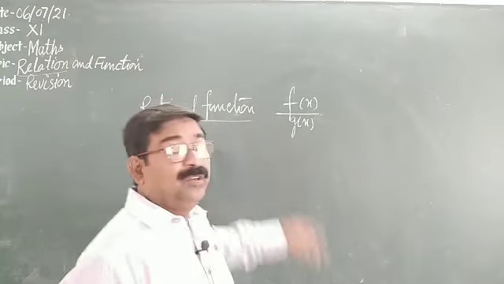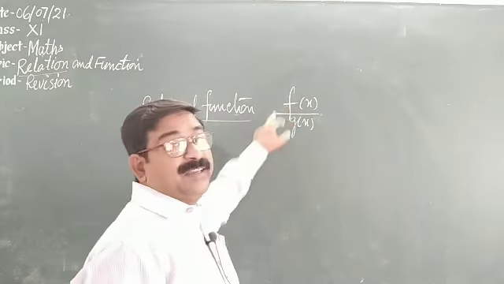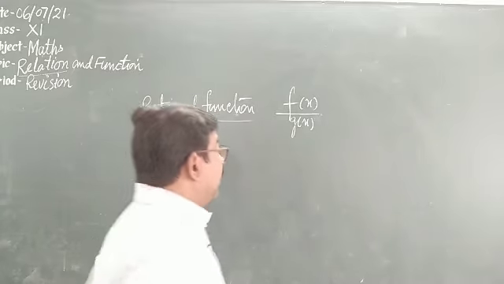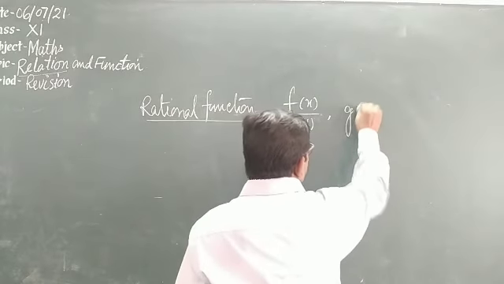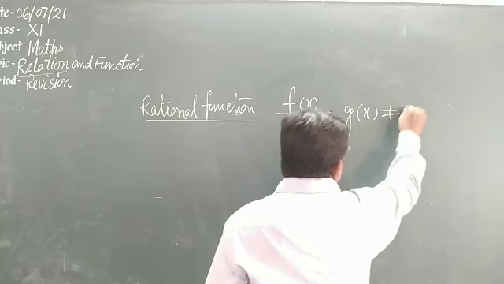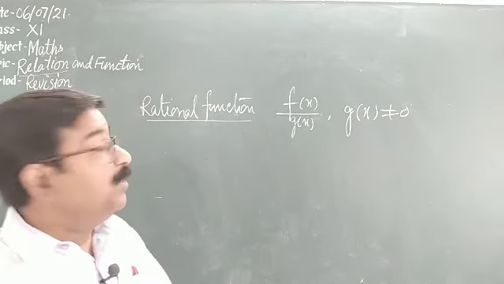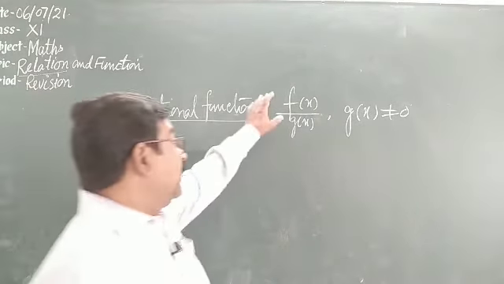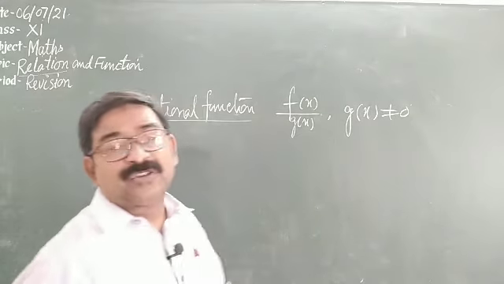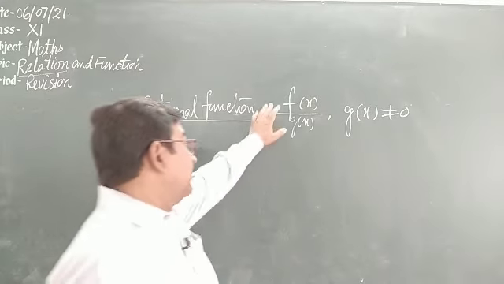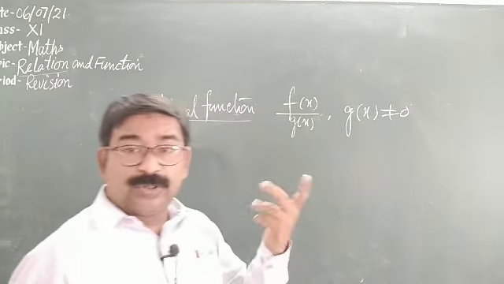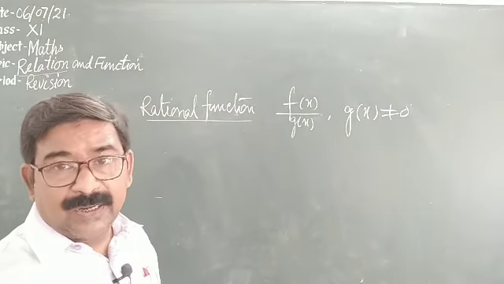Here it is a function, so f(x) and g(x) are polynomial functions, and the criterion is that g(x) is not equal to 0. The denominator is not equal to 0. Individually, both f(x) and g(x) are polynomial functions, so their domain is always real.